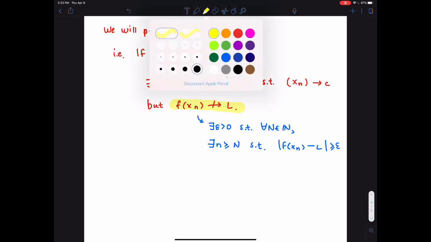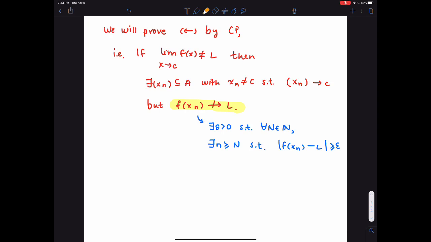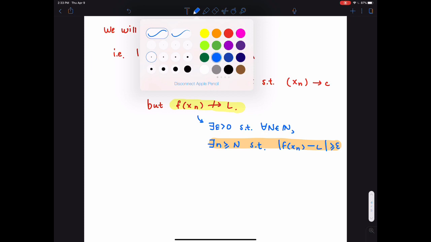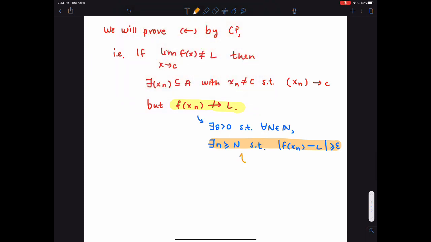So again, this piece right here is we're saying there's an outlier in the tail of f of xn.